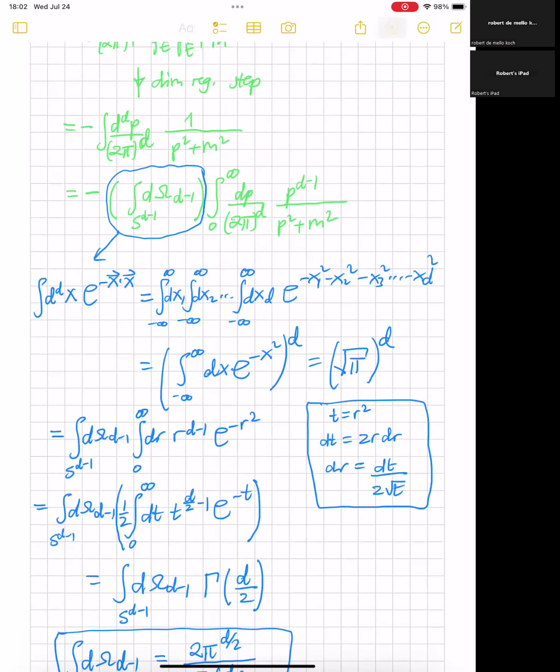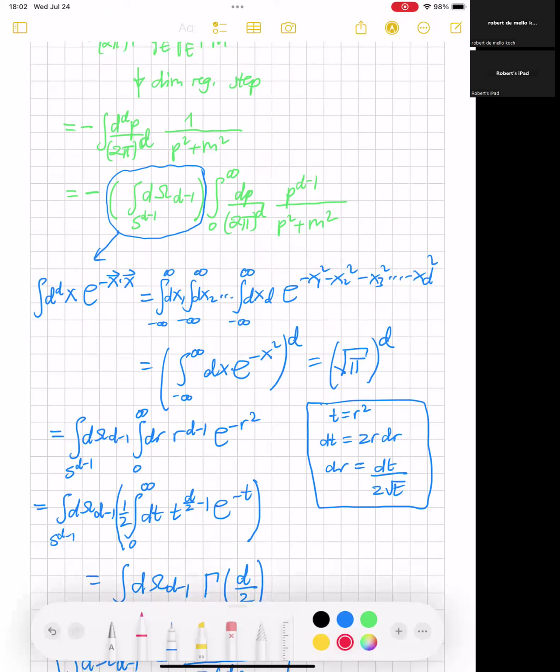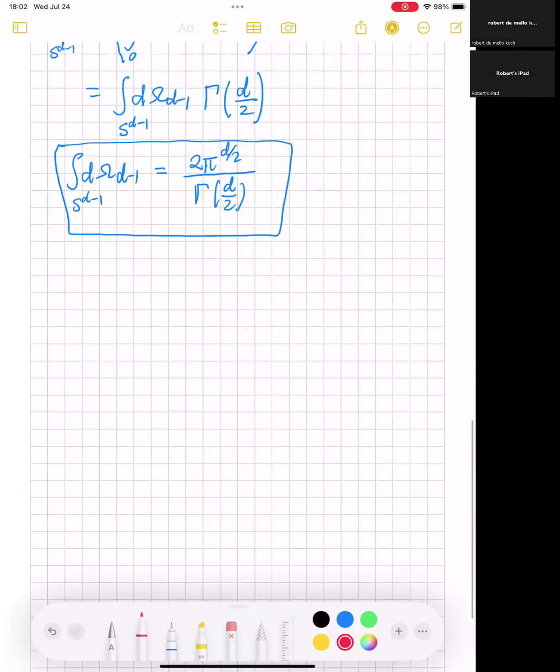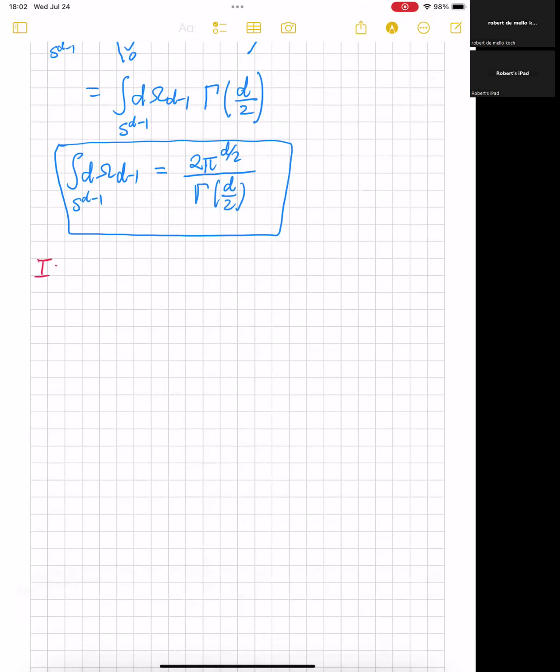Now let's look at this integral sitting over here, okay? This is the integral that I'd like to do next. I'm going to do a slightly more general integral than that one. So the integral that I'm going to do is the following, okay? Let me just remind you, this is the integral that we want to do. So 2 pi to the d over 2 over gamma of d over 2, this is the integral over omega d minus 1.